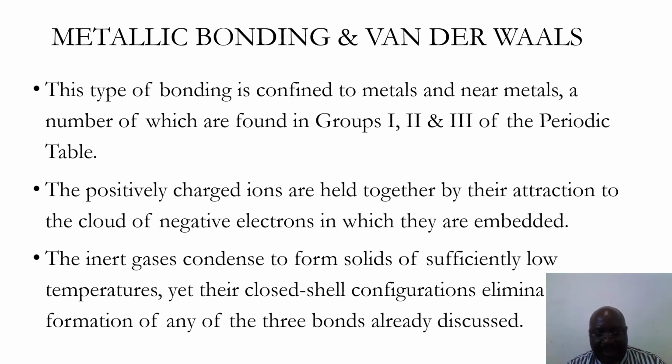The inert gases condense to form solids if sufficiently low temperatures are provided, yet their closed shell configurations have no interaction between one another in the form of the bonds that we have already discussed.